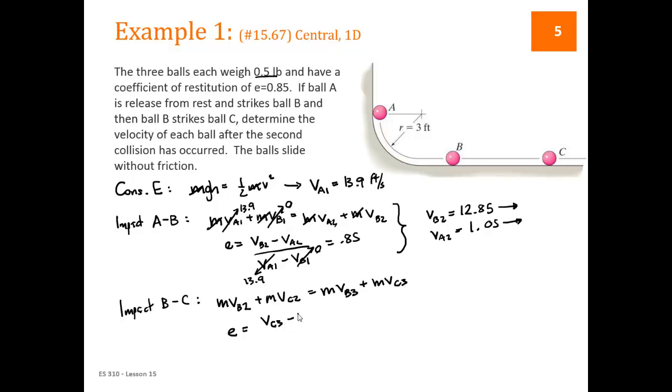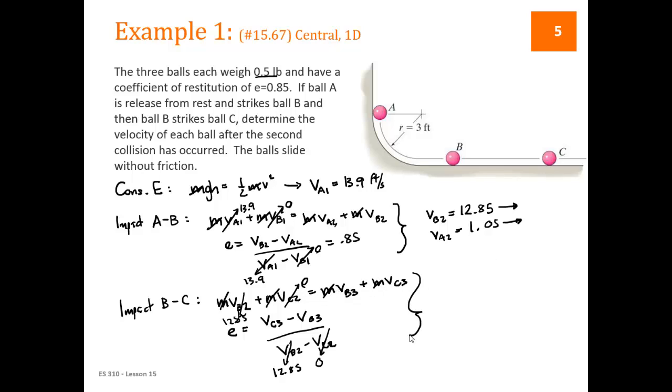We'll do C first, then B, and B first, then C for the befores. VC2 is 0, and VB2 was what we found before, 12.85. And the m's all cancel because they're all the same.